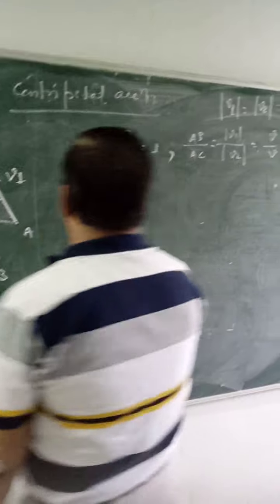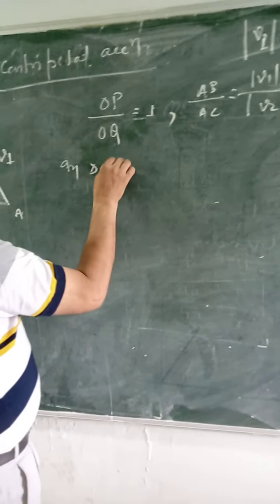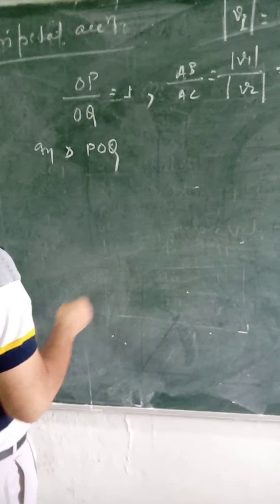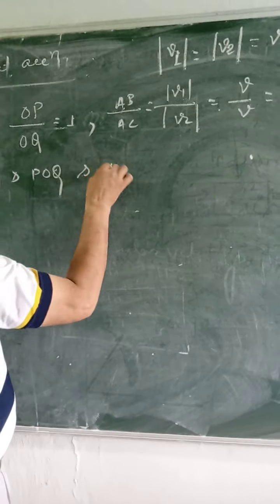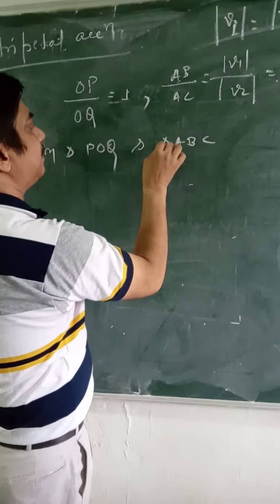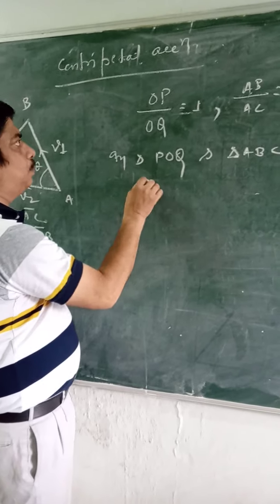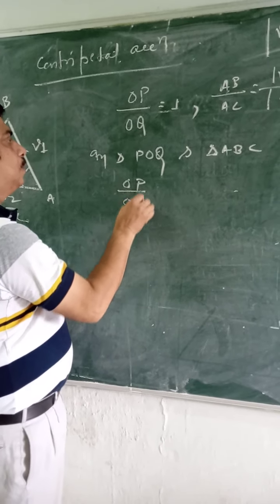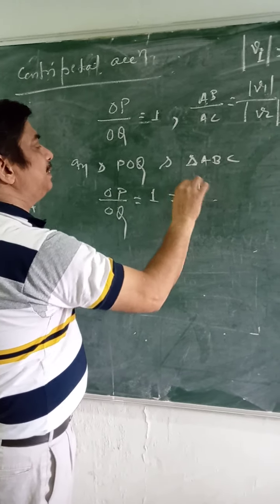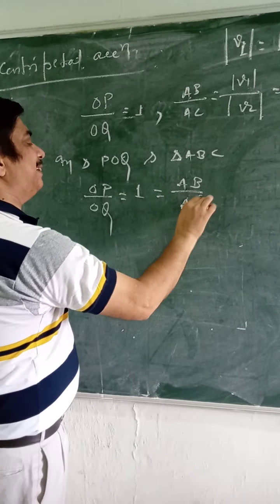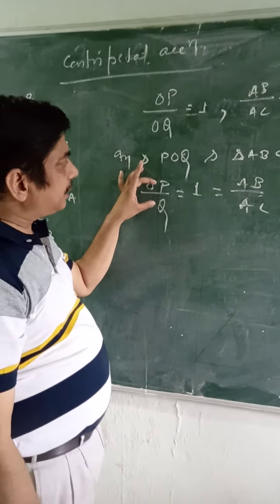So in triangle POQ and triangle ABC, OP by OQ is equal to 1, which is equal to AB by AC. If these two are equal, what can we say?